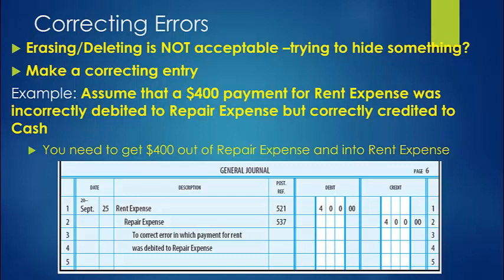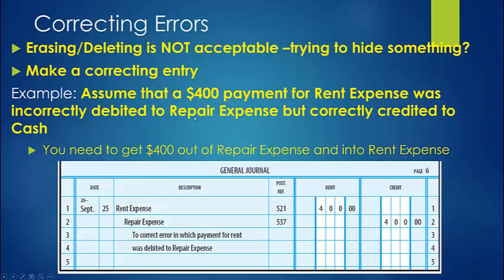In this example, we'll assume that a $400 payment for rent expense was incorrectly debited to repair expense. So our entry in our general journal initially was debit repair expense and credit cash. Well, it should have been rent expense and not repair expense.